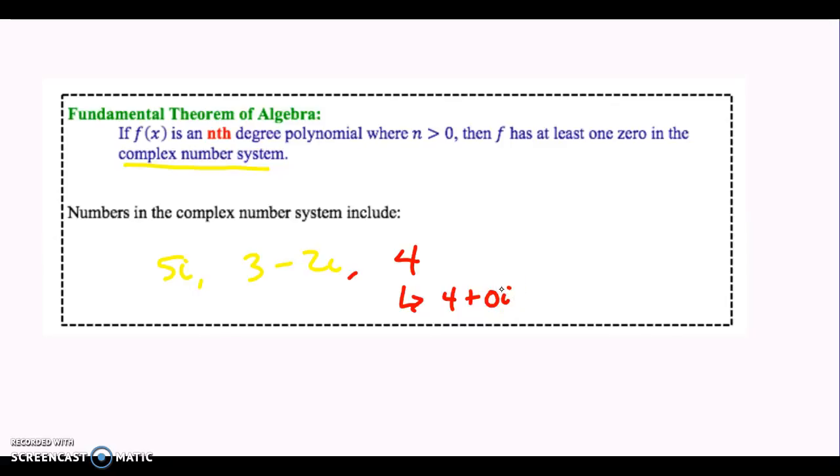So 4 in itself is a complex number. Now that we know what the complex number system is, it's all these numbers that are complex numbers, which are basically, again, reals and imaginaries.